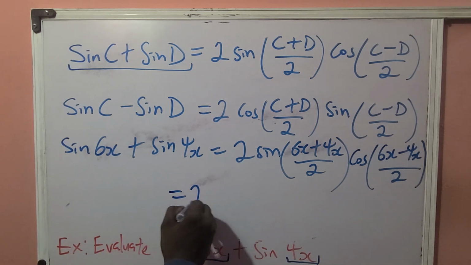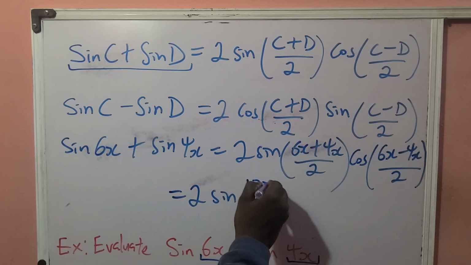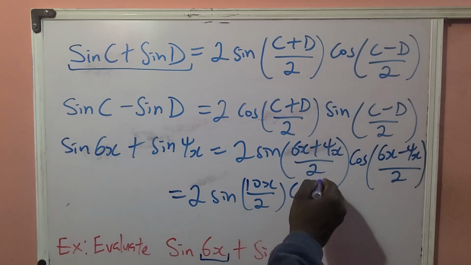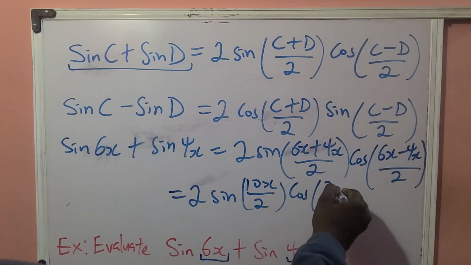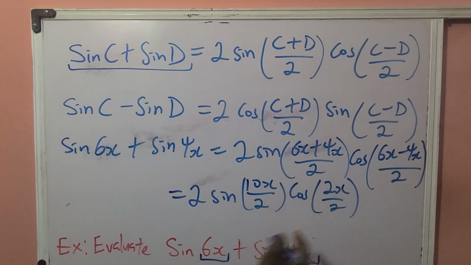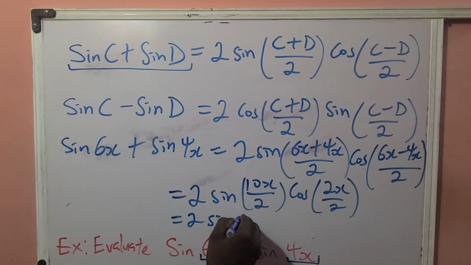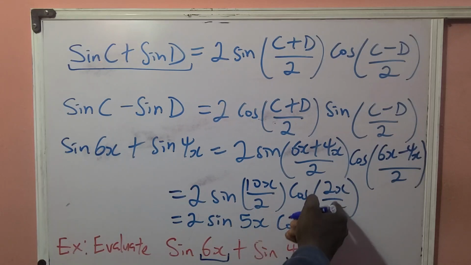In this case, we have 2 sine 6x plus 4x, we have 10x over 2. And we have cos 6x minus 4x, that will be 2x divided by 2. We go on to solve this, we have 2 sine 5x cos, 2x divided by 2 will be x.